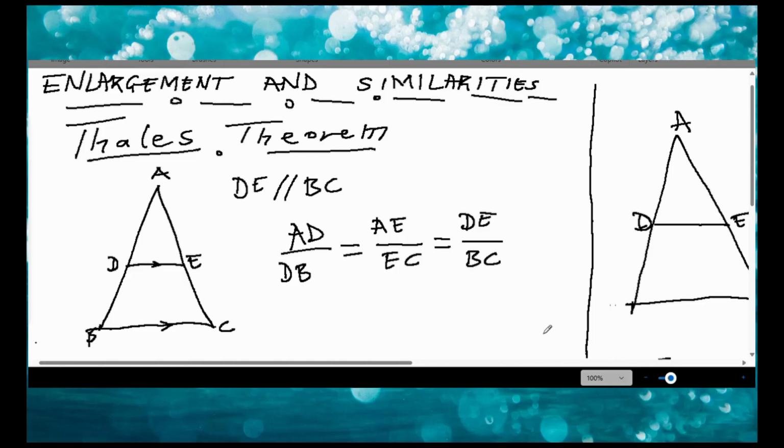If this condition is true, then the Thales Theorem says that AD over DB should be equal to AE over EC.